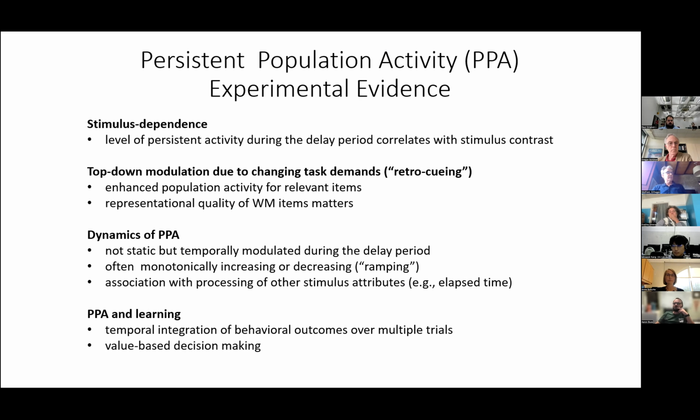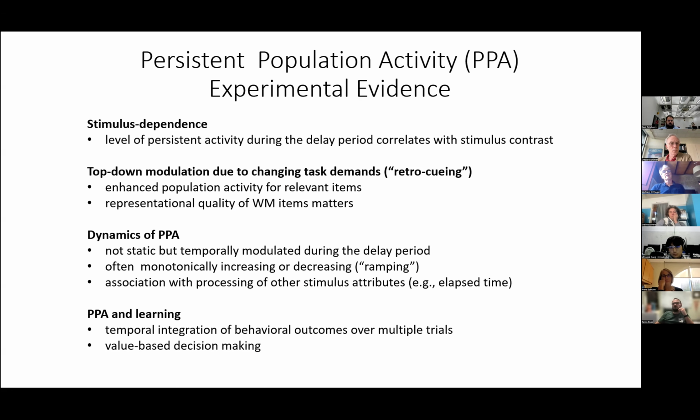In general, we can say that bottom-up and top-down evidence may affect the quality or fidelity of working memory representations. There's also much going on concerning the dynamics of stimulus-induced persistent population activity.